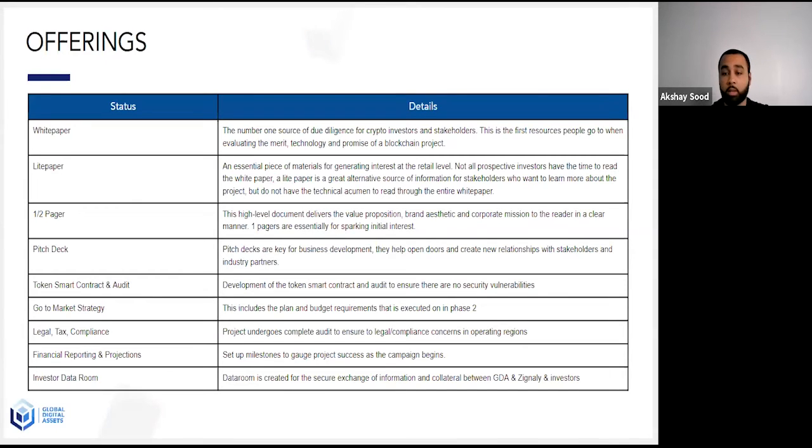Token smart contract audits: we have tech providers that we do that with. We formulate a fully functional end-to-end go-to-market strategy that allows projects to go from just a white paper to a project that's coming out in the community, in the ecosystem. Then the project undergoes all the tax, legal, financial and compliance regulations.